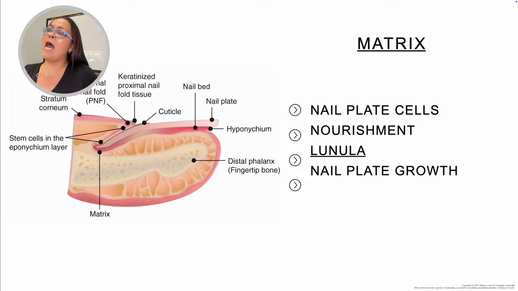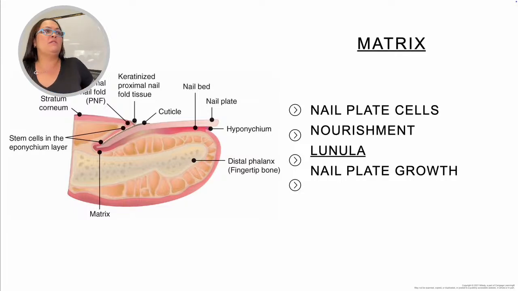So someone explain to me why Russian manicures are a thing. I don't even really understand. And not to mention, we live in the USA. We don't live in Russia. And there are a lot of things they do in Russia that we are not allowed to do here. Russian manicures is one of them. So the matrix is very, very important.